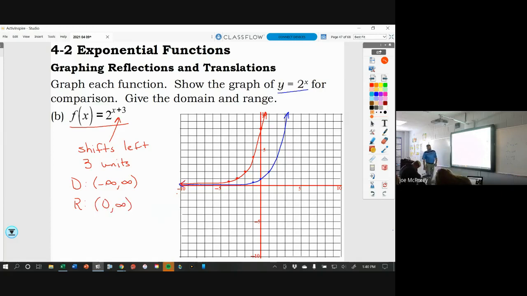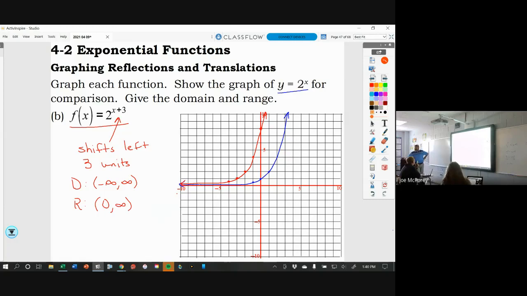So the range of the red function and the range of the blue function are exactly the same. The red function and the blue function will never touch, and they will never touch 0 either. Do they touch each other? Nope, never. They can't, because the red one's always gonna be higher than the blue one.